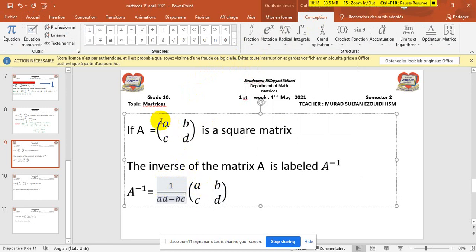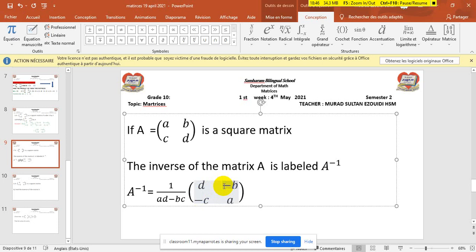Look here, look at the first component A and D. They will change their roles, means D will come to the place of A and A comes to the place of D. I will write here D and here A. Clear? Then you should put a negative sign here in front of C and a negative sign here in front of B.